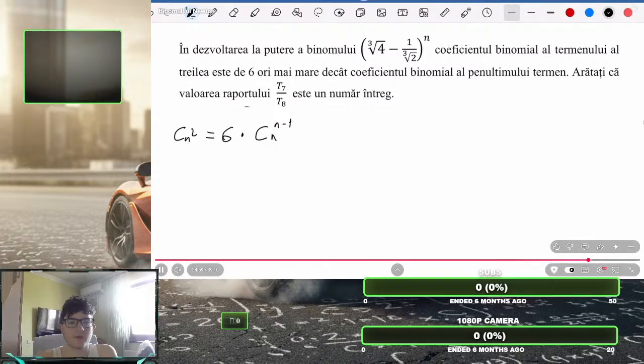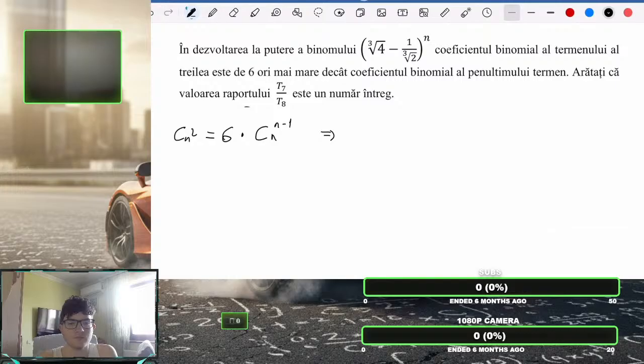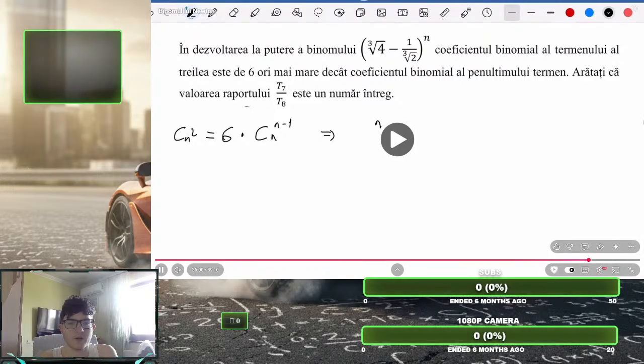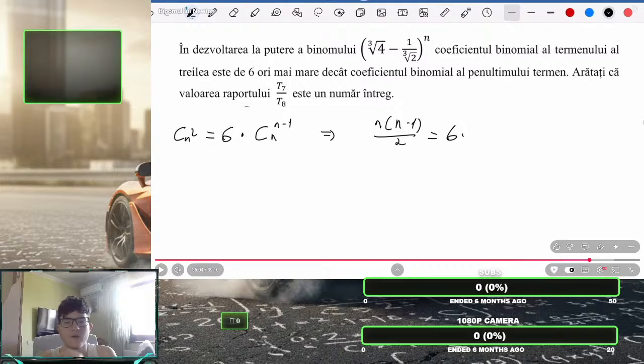So first of all, solve this, which is going to be n times n minus 1 in parentheses divided by 2, equal with 6 times, right there is kind of harder.